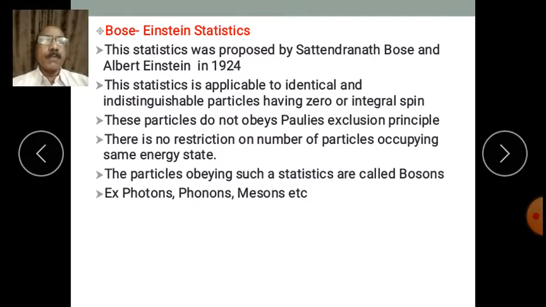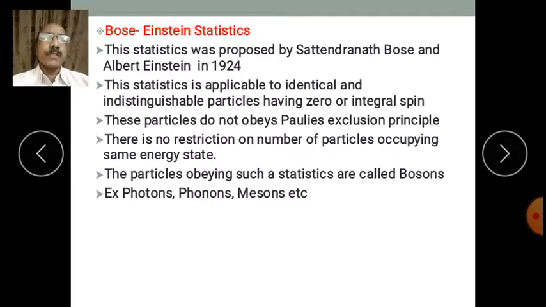Maxwell-Boltzmann statistics is applicable to certain kinds of particles, like distinguishable particles. Here, we are going to deal with identical but indistinguishable particles.